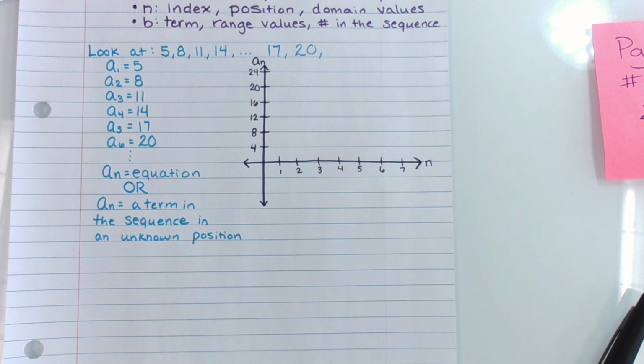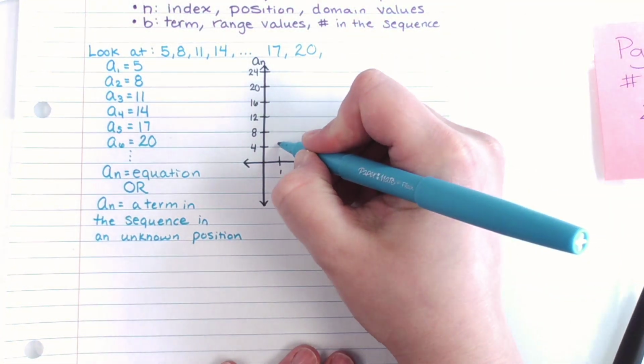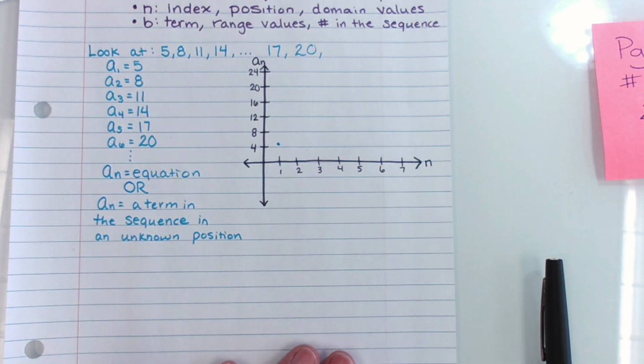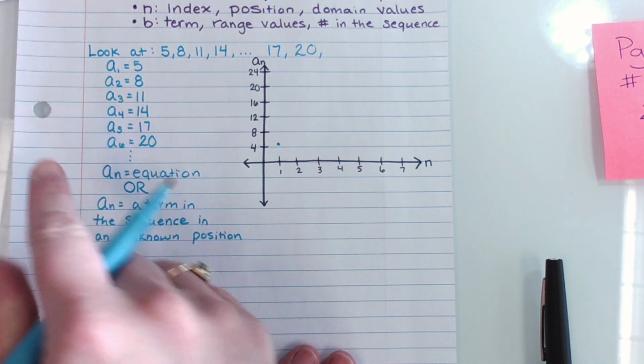Here I'm just plotting a bunch of points. A sub 1 equals 5 has an n value of 1, an a sub n value of 5. It's the coordinate point (1, 5). Move to the right 1 and move up 5. A sub 2 equals 8.